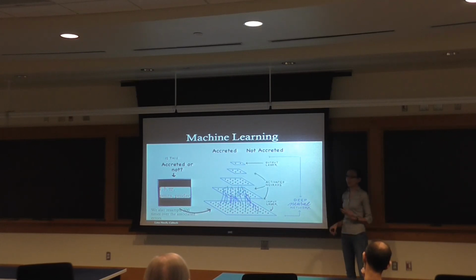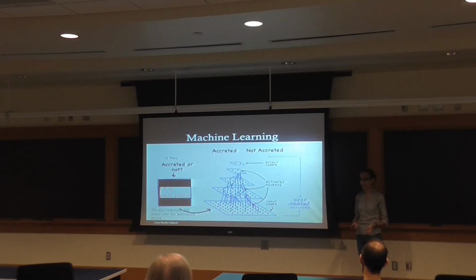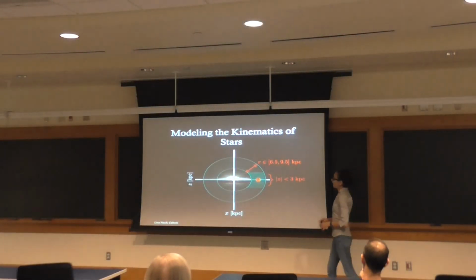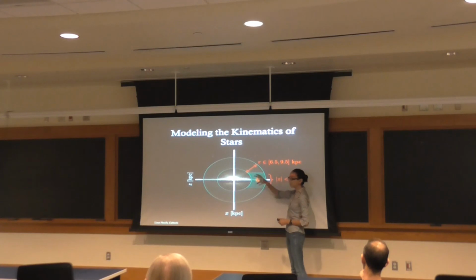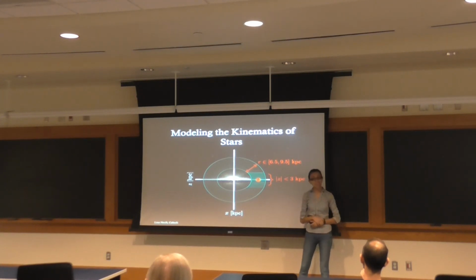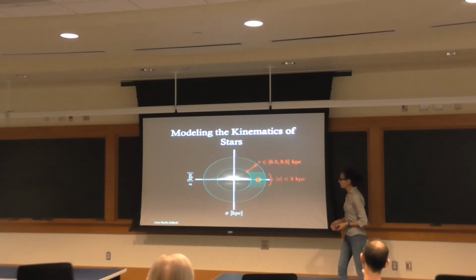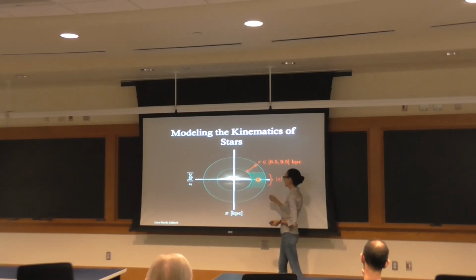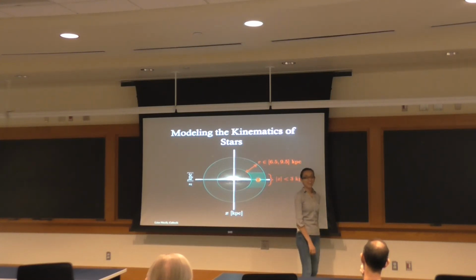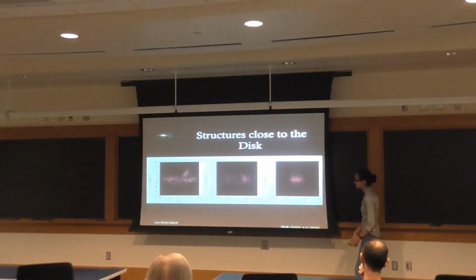At the end of this, we end up with an accreted star catalog that you should email us about if you want to play with it. Then I can look very close to the position of the sun, at my stars. Brian made this catalog, sent me a bunch of stars, and he was like, I don't know what I'm looking at, have fun. I was like, cool, let's do this.